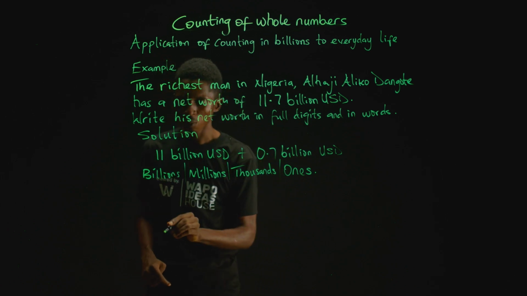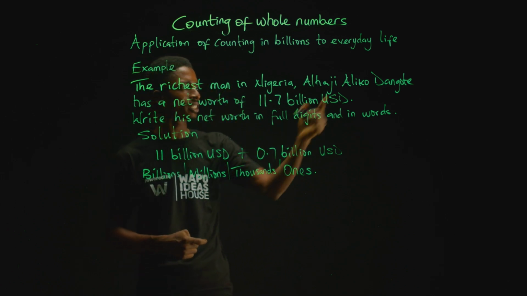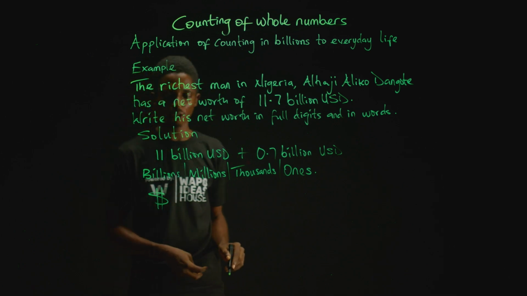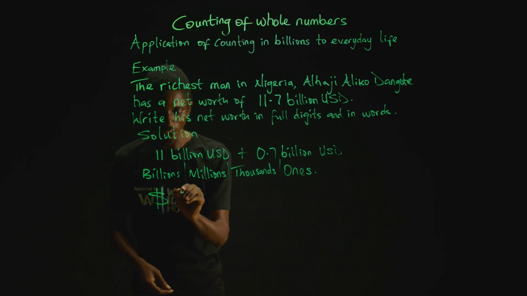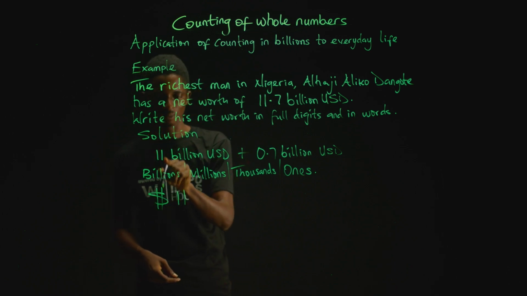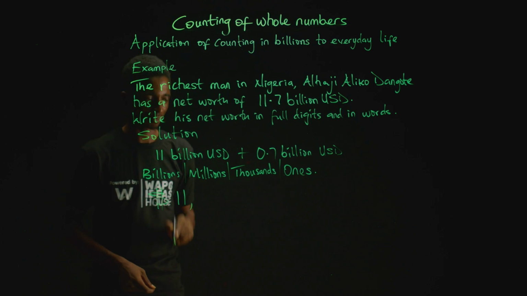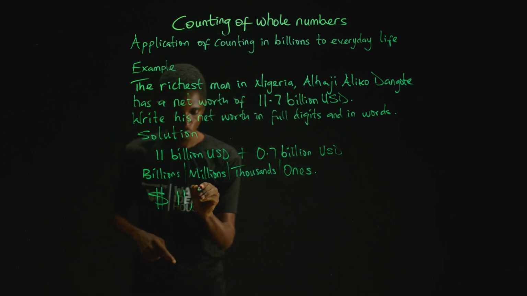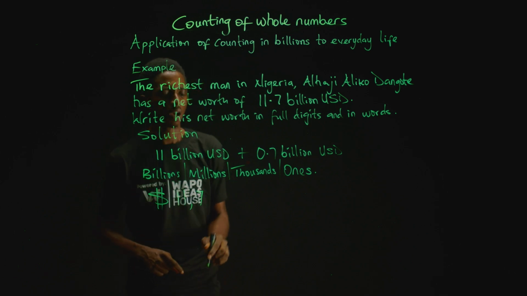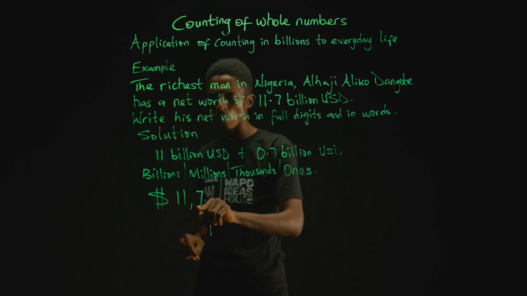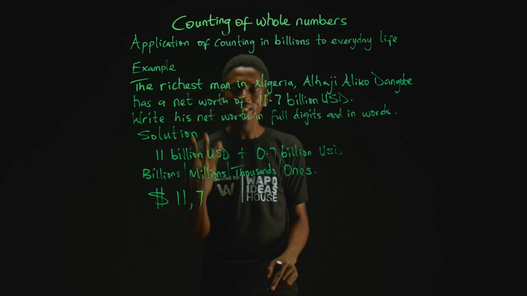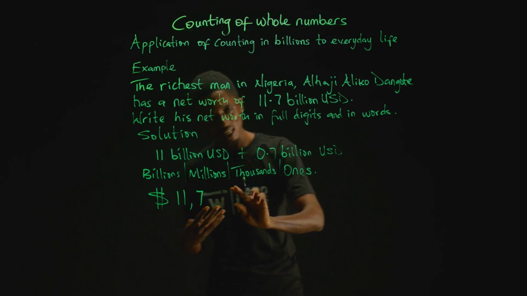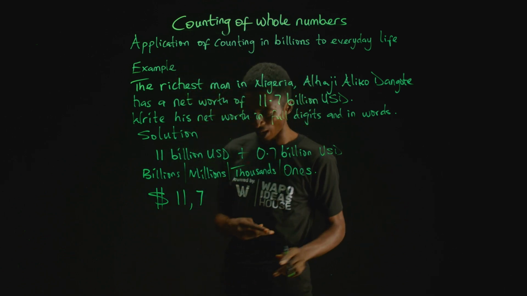So in this case, we will be having Alhaji Aliko Dangote's net worth as, remember, since it's in US dollars, the symbol for dollars. And then the number 11. Then a comma. After the decimal point, we have the number 7. So we write that 7. But in this million category where 7 falls, we ought to have 3 other digits. So we fill up that space with 0, and the same goes for every other place value.